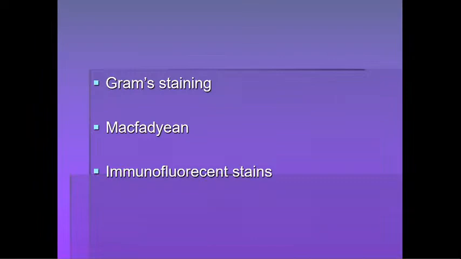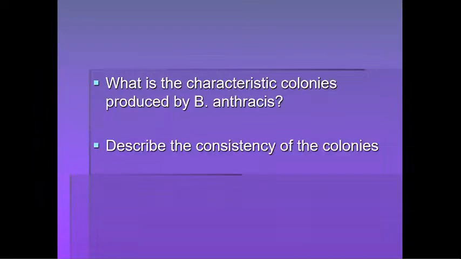But if you work in a laboratory that's affluent, meaning it has access to a lot of supplies, you can do immunofluorescent stains. Anyway, let's move on to the characteristic colonies produced by Bacillus anthracis.